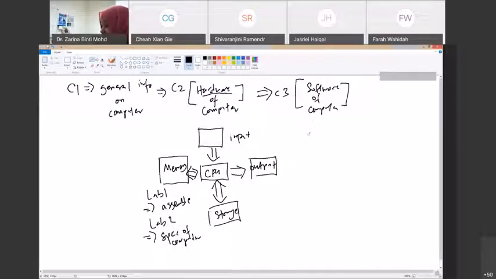All right, so by now, I hope you are aware there are 2 types of software in a computer, isn't it? Which can be grouped as system software and also application software.